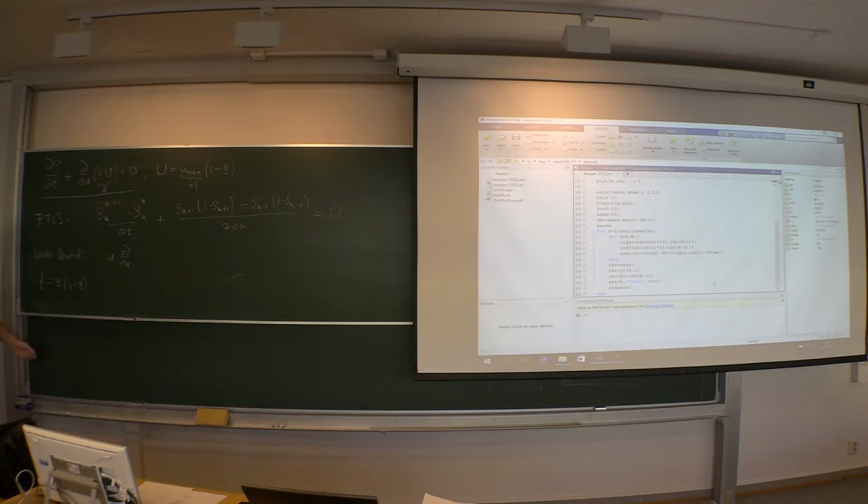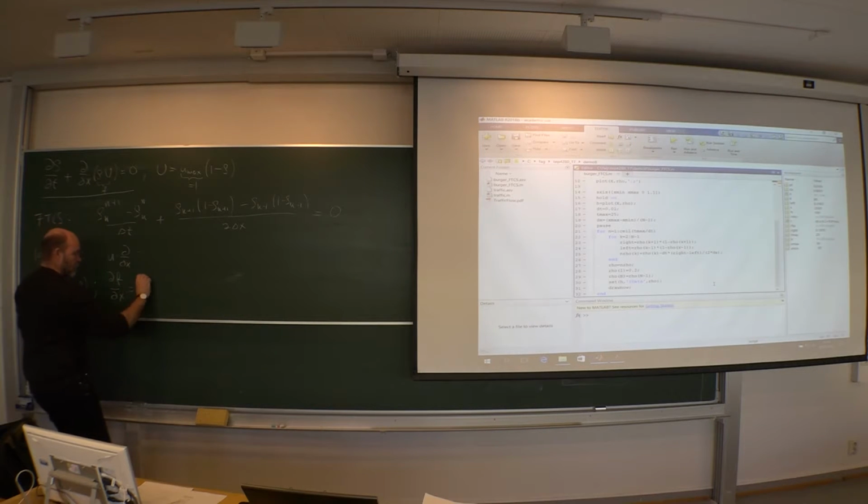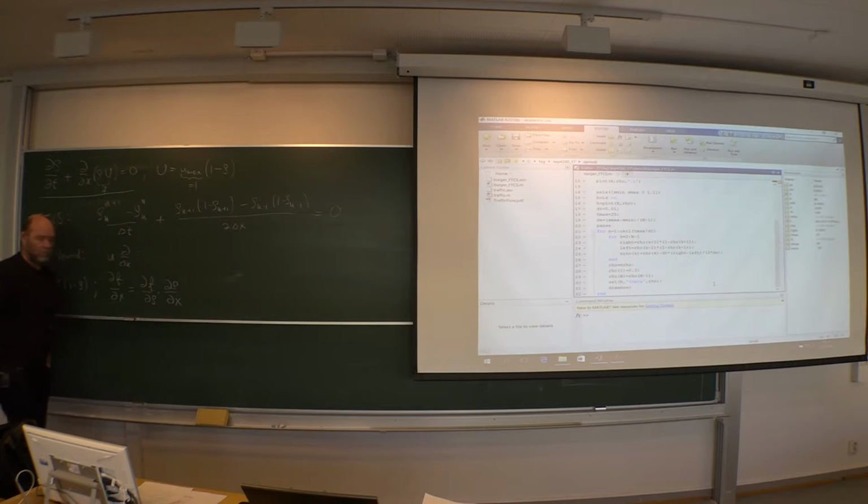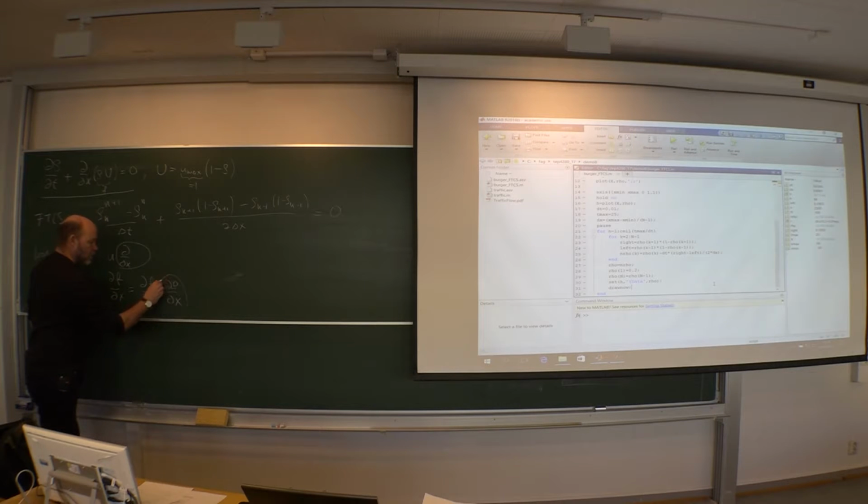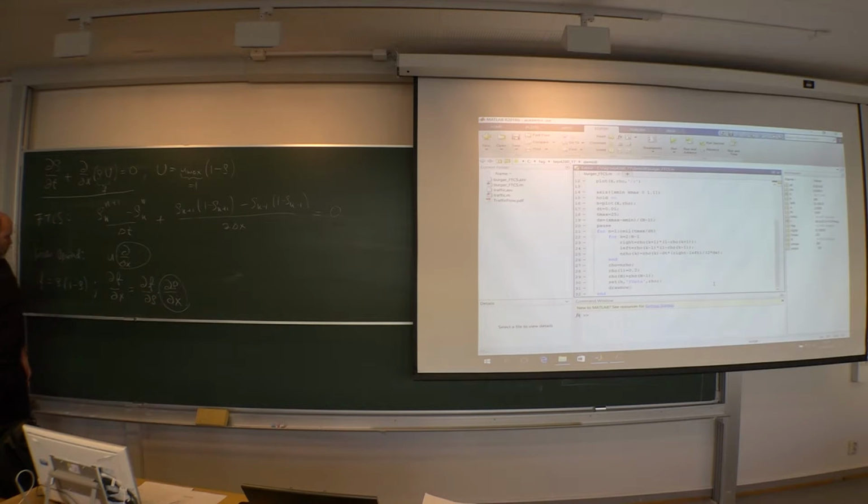So how can we do this one now? The f dx, well, you can write it like this. Df d rho multiplied with d rho dx. Just using the chain rule. That must be allowed. Then I should get the x derivative of my unknown function here.